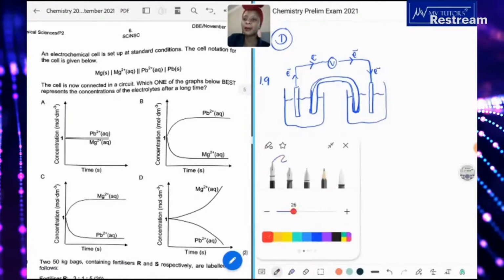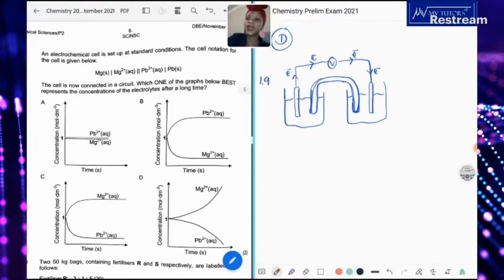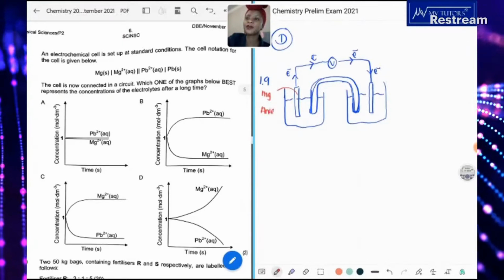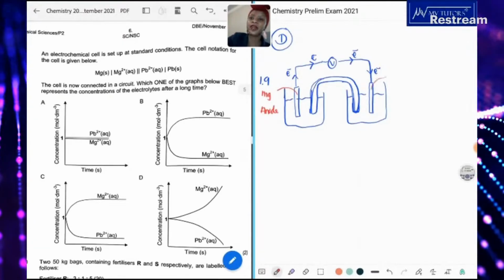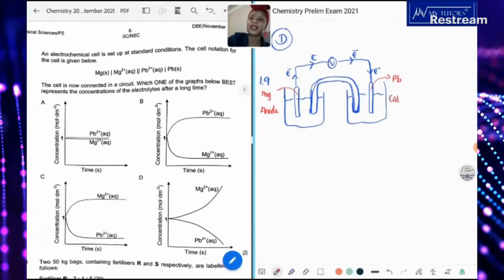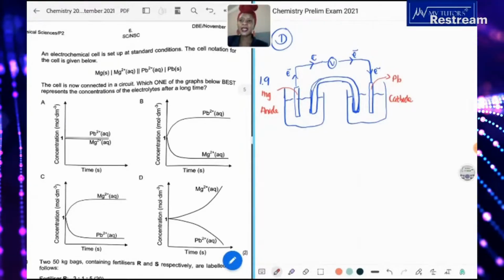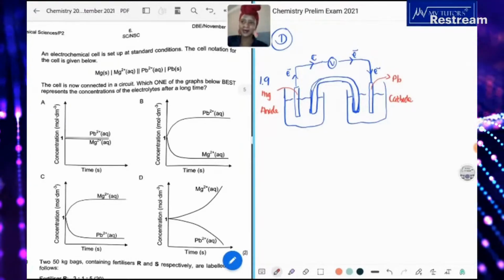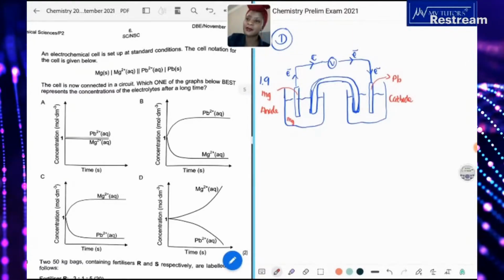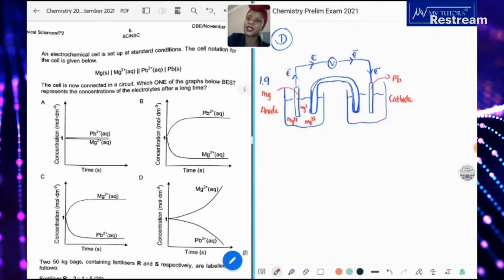On your anode side, you have magnesium, that's your anode. And here you have lead, that's a cathode. Because magnesium is oxidized, electrons keep leaving, and you have a whole lot of magnesium 2 plus being produced in here.